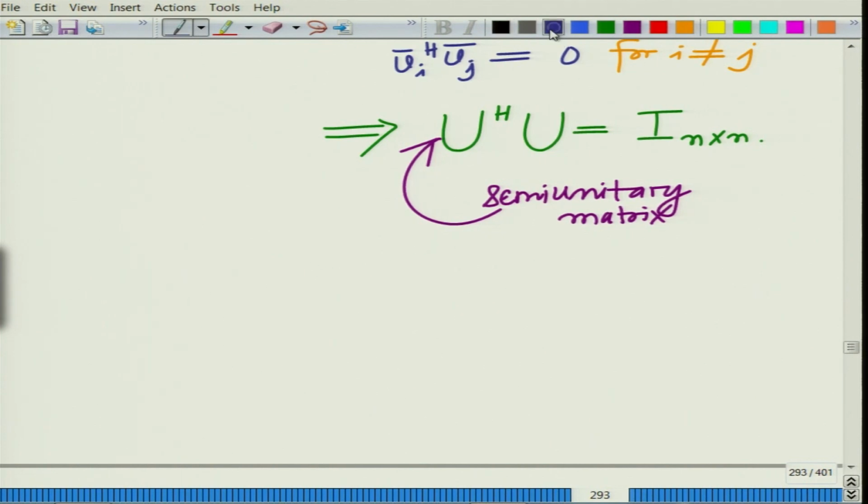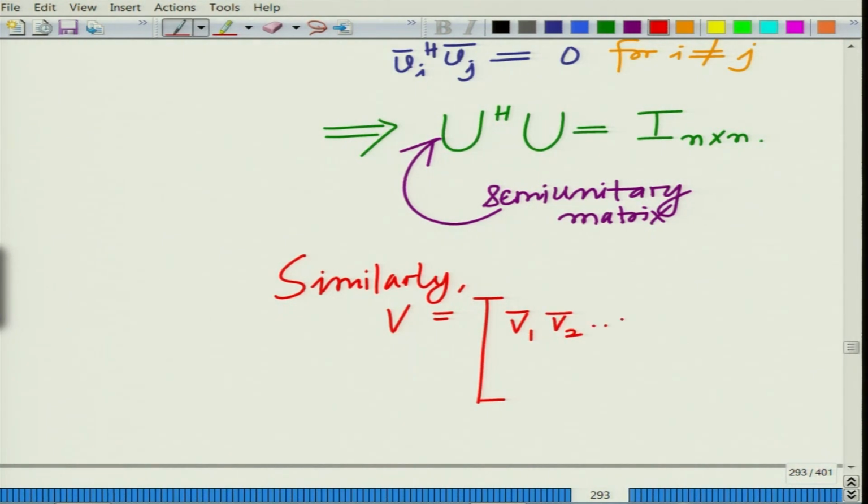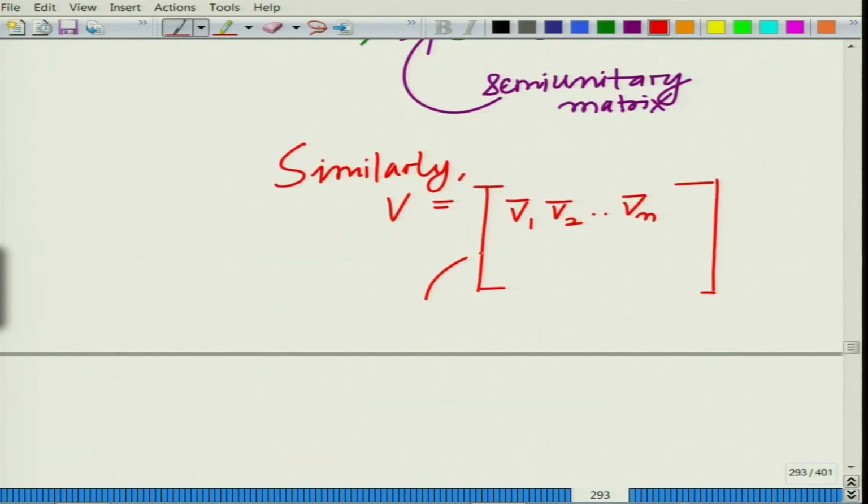Now, similarly, if you look at V, V1 bar, V2 bar, Vn bar, this is an n cross n matrix, which implies it is a square matrix.